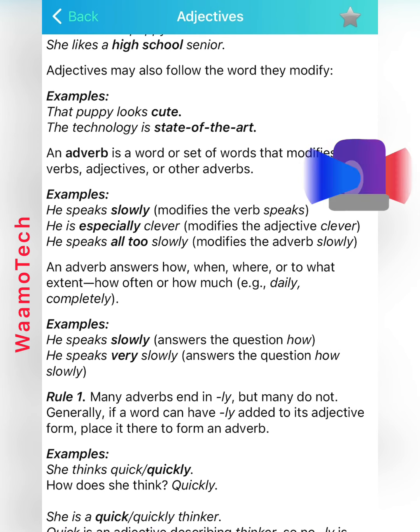Generally, if a word can have ly added to its adjective form, place it there to form an adverb. It means if you have any word that ends with ly in its original form as an adjective, if the word naturally has ly at the end, you just use it the way it is, but in a manner to modify an adverb, an adjective, or a verb, so that you show that that word is an adverb.